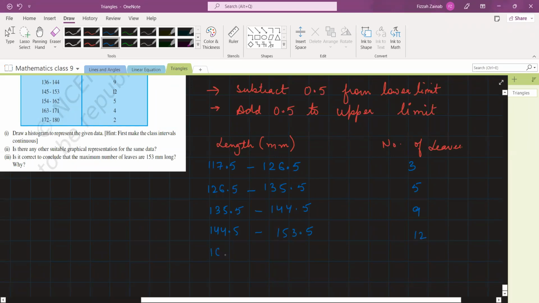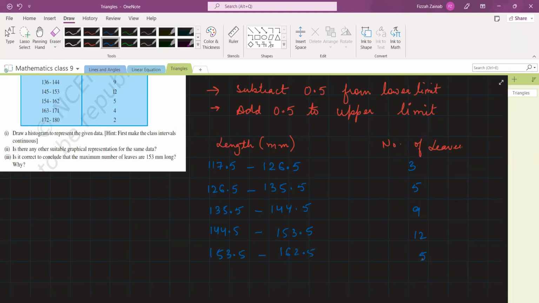Then you have 162.5, 171.5, right? Okay, no, I have missed one, I think. Yeah, sorry. So next is this. It will become 153.5 to 162.5.